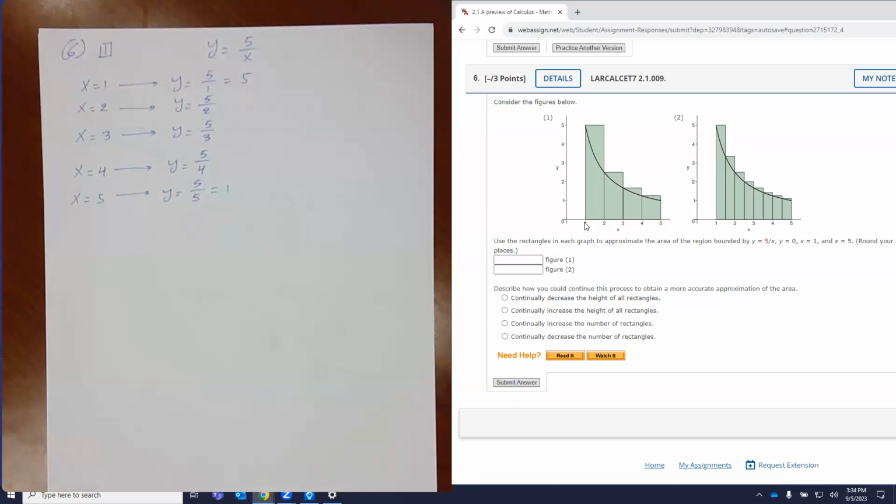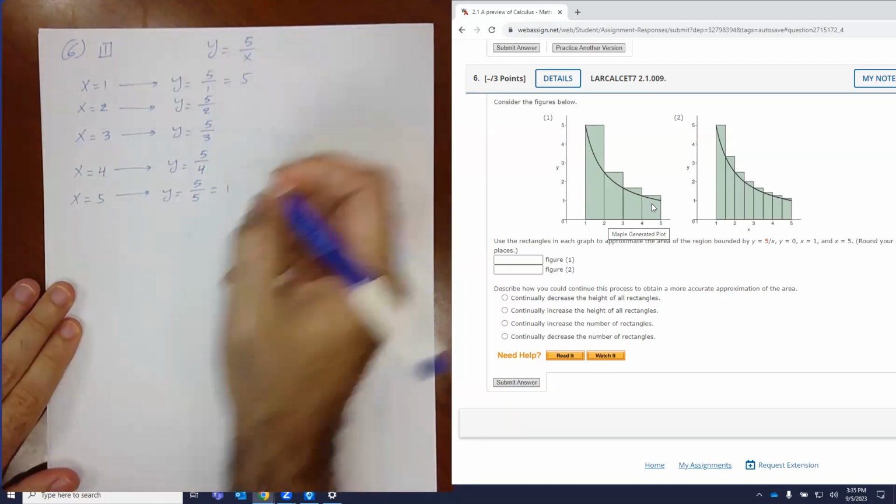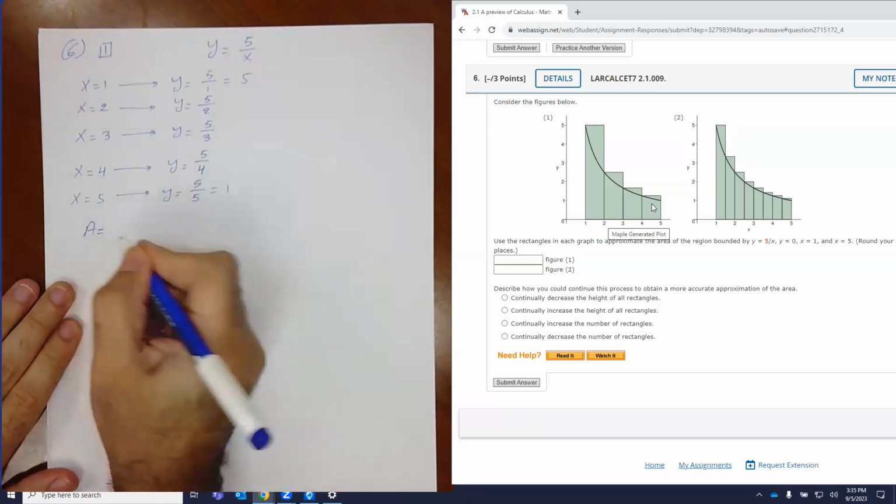For x equals 1, the length equals 5 and the width equals 1. To find the area, we're just going to add the area of the first rectangle, the second one, the third one, and the fourth one. So the area is going to be length times width.